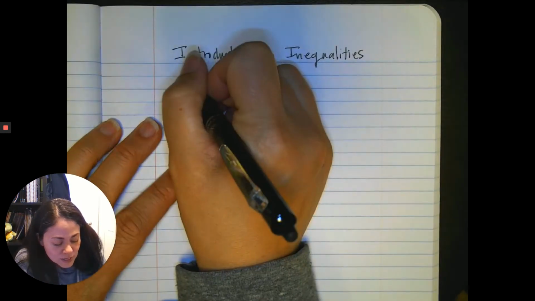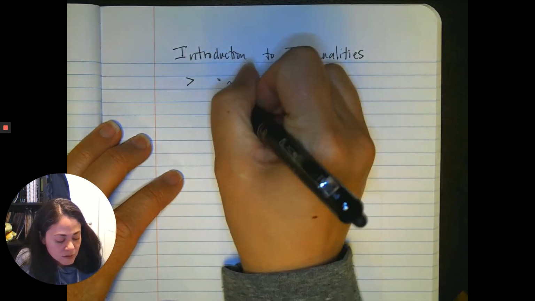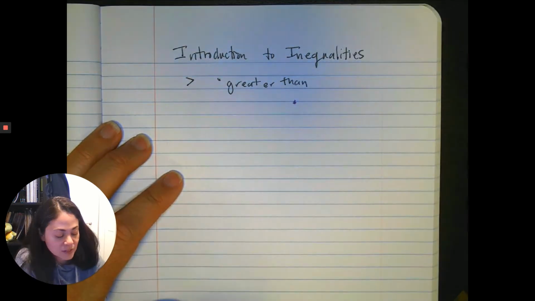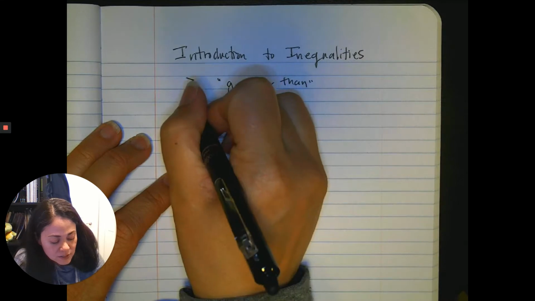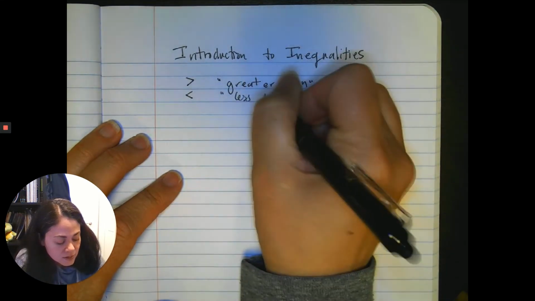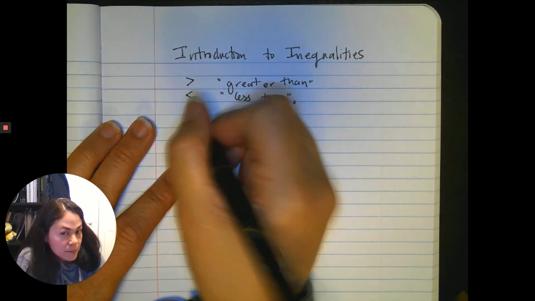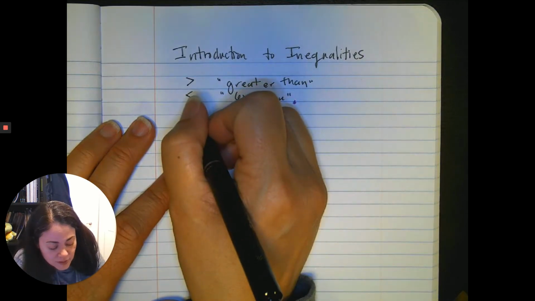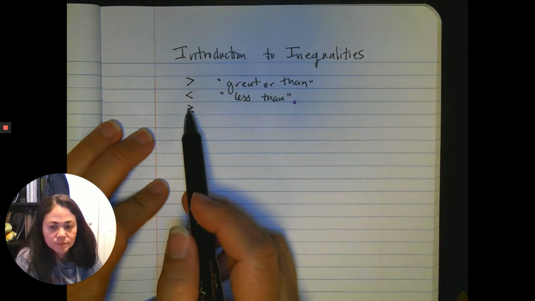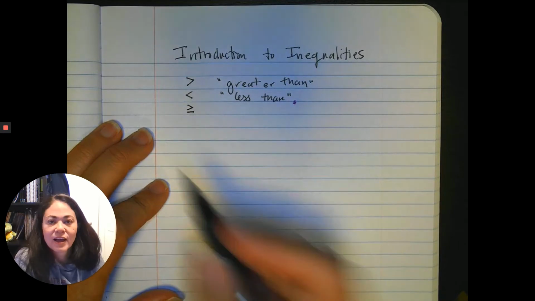We've got, of course, this one that you might remember is greater than. And we have kind of the opposite of that, which is this symbol, which is read as less than. There are two more, however, that you may or may not remember, and that is the greater than or equal to symbol, where we have that greater than symbol, and underneath it, there's like half of an equal sign, the bottom line of an equal sign.